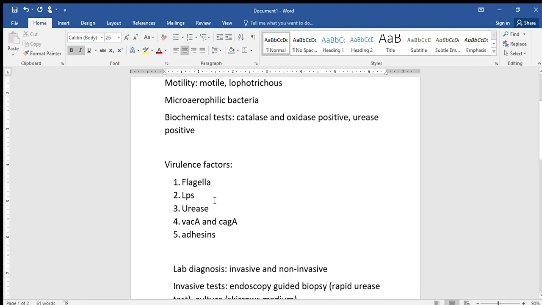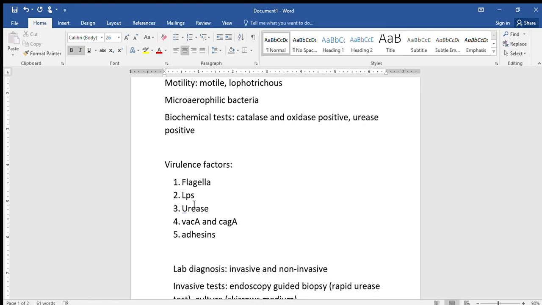Next is lipopolysaccharides. We know that every Gram negative bacteria contains lipopolysaccharides, also called endotoxin. Because of the lipopolysaccharide of this bacteria, it shows molecular mimicry. The chances of Helicobacter pylori infection are greater with the Lewis B blood group.